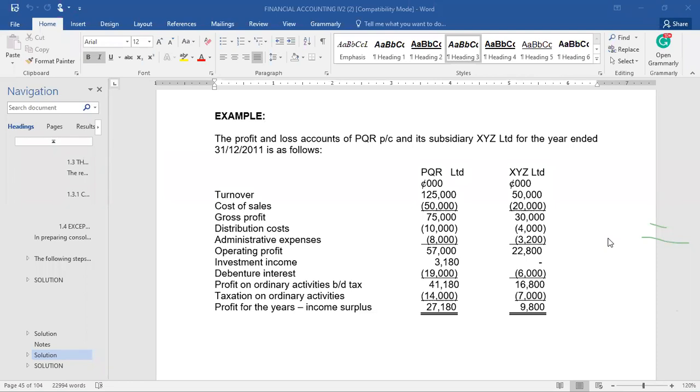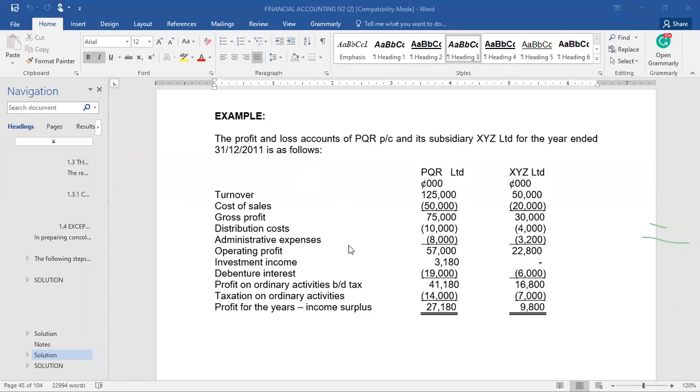So it's two things. The profit and loss account of PQR and its subsidiary XYZ Limited for the year ended 31st December 2011 is as follows.